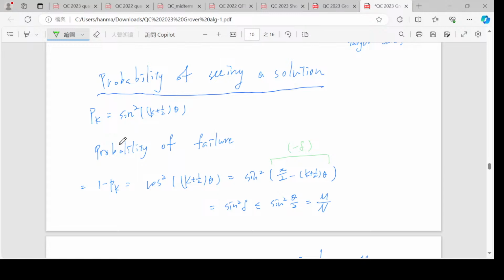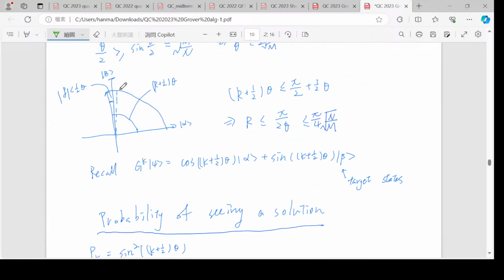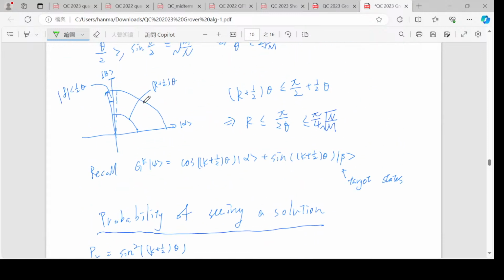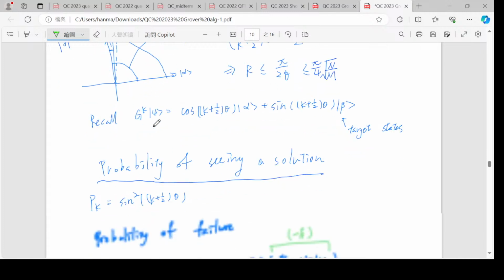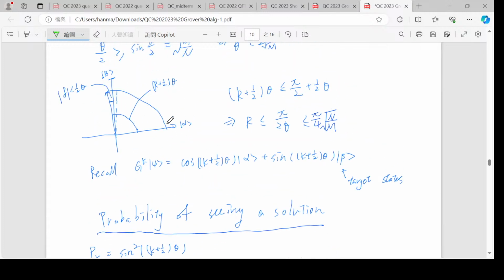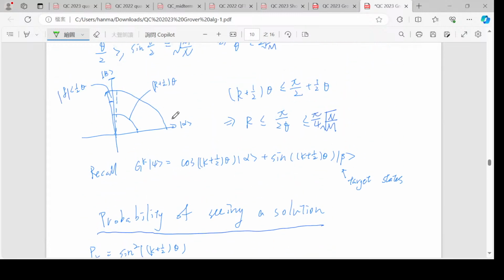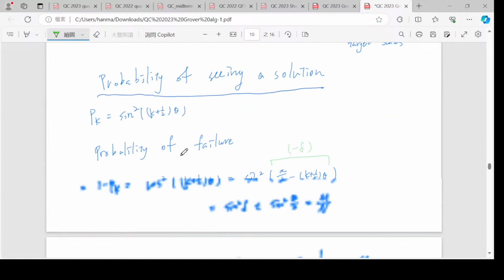So the success probability is actually sine square of k plus 1 over 2 theta, because that's the probability you get something inside beta, and cosine square of this total angle is the probability you get something among the unmarked items. So the probability of failure is cosine square of the total angle, the component on this alpha.